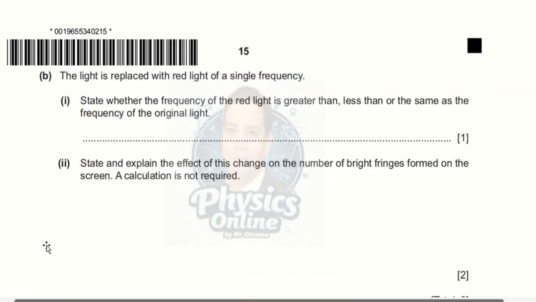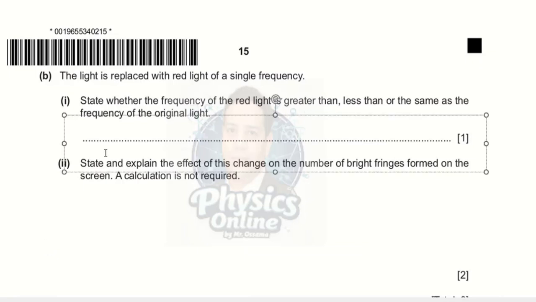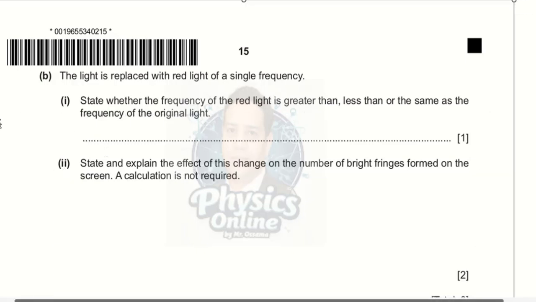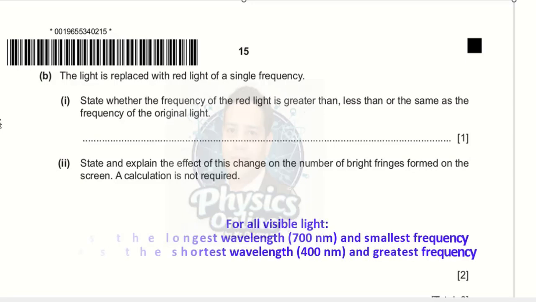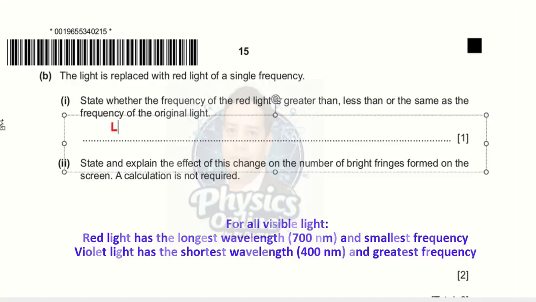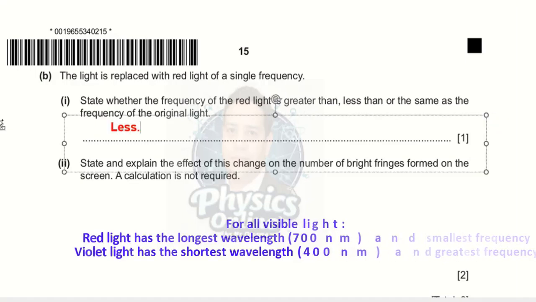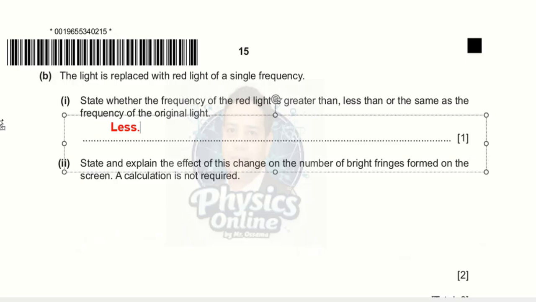The light is replaced with a red light of a single frequency. State whether the frequency of red light is greater than, less than, or the same. We know that red light has a longer wavelength and smaller frequency. So the frequency of red light is less than this light.